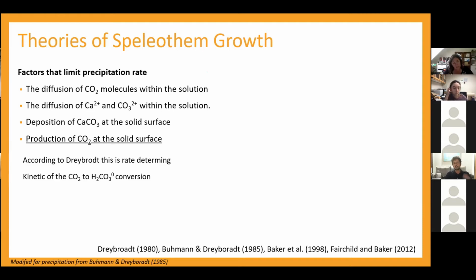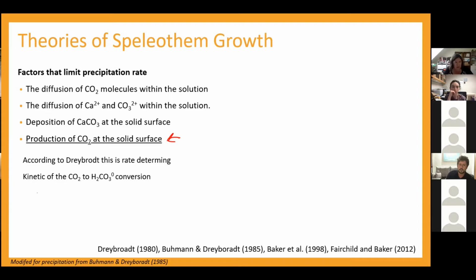Among these four parameters, one that is really important to us right now, and that really drives kinetic variations, is the production of CO2 at the solid surface. That is really rate determining, because it determines also the kinetics of the reaction.